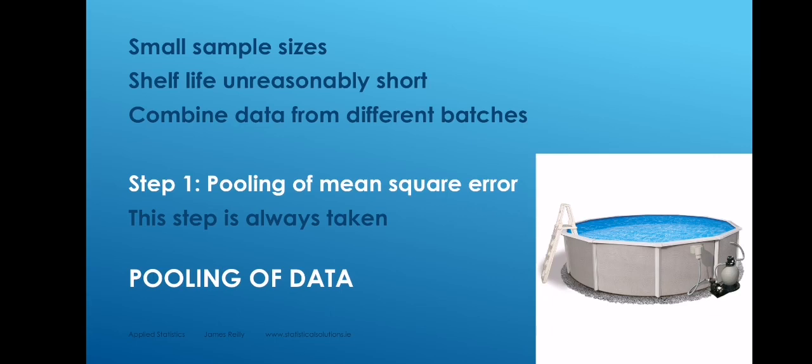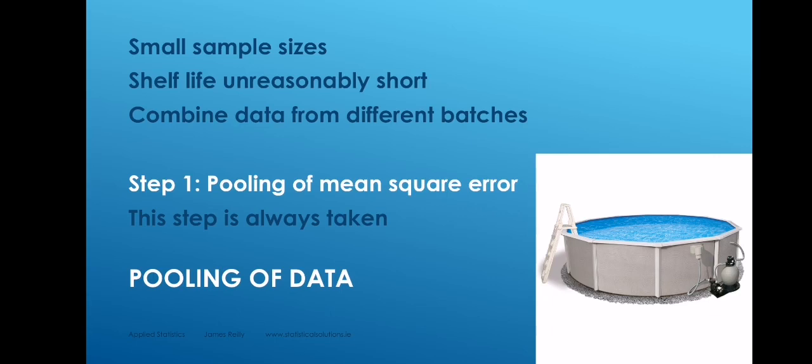Pooling is putting the information together from different samples to give us a better picture of what's going on in the process. So the first step we take in pooling the data is that we pool the mean square error, which is equivalent to pooling the standard deviation. So we assume that the standard deviation is the same for all three regression lines.